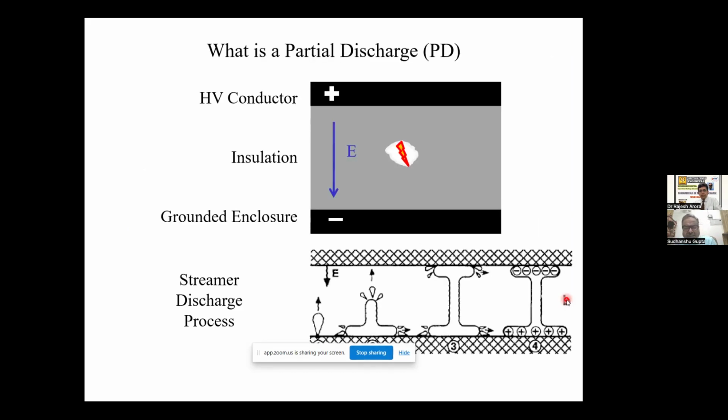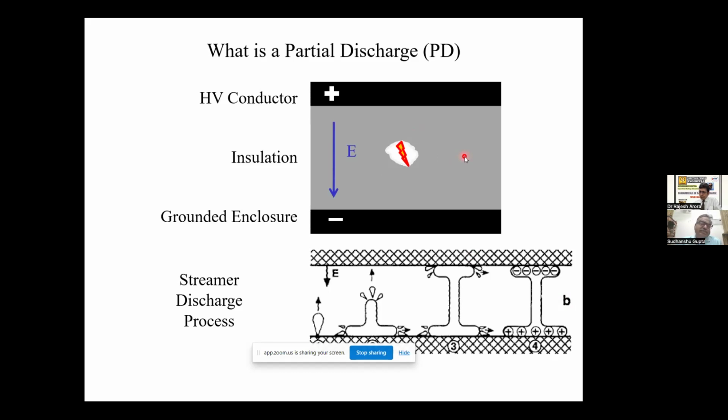As you can see in this picture, there is a void in an insulation, and as I mentioned, we are starting, so we are giving you an analogy of a void in this case.